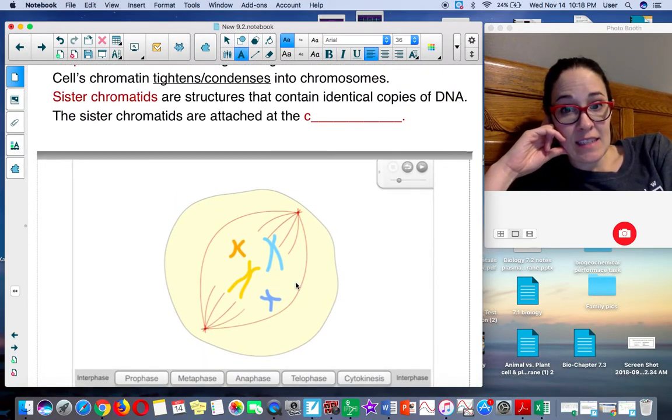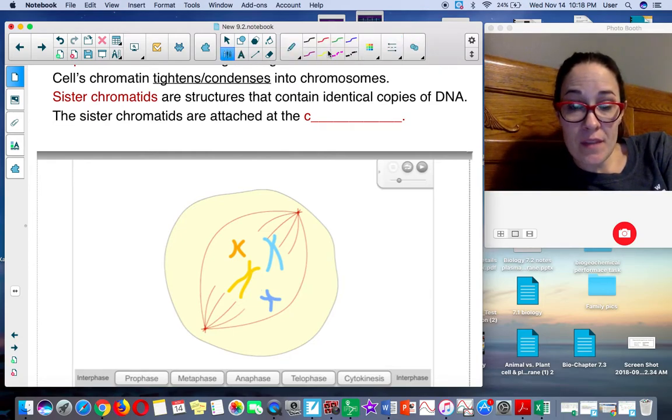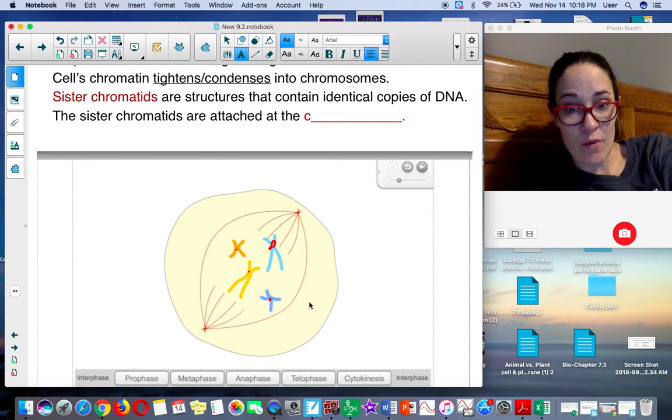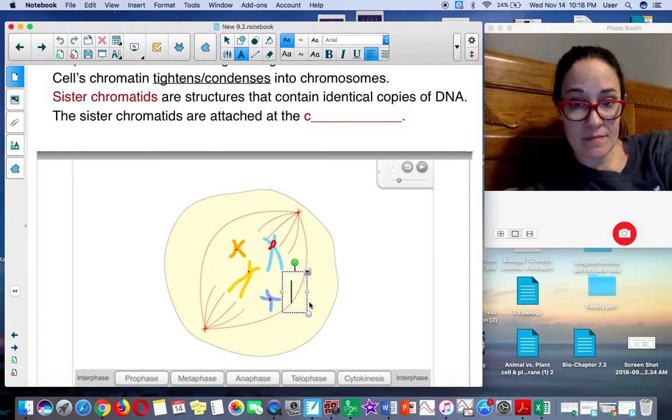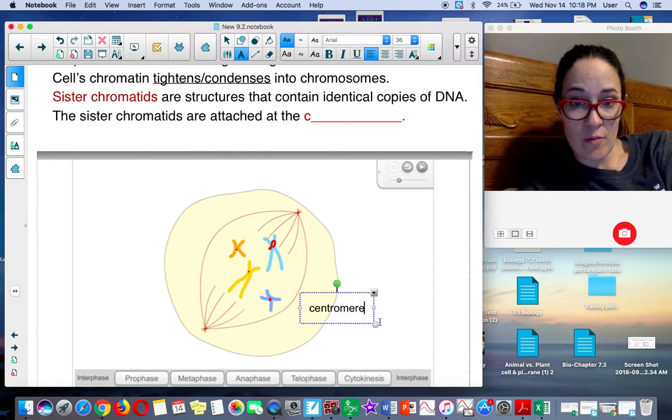And within these chromosomes, the middle portion, right in the middle, is referred to as a centromere. Add that word. The middle of the chromosomes.